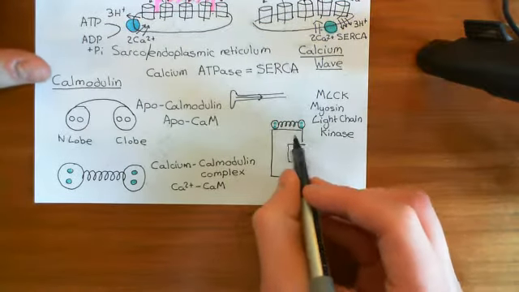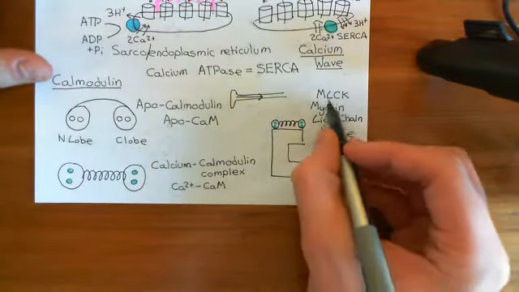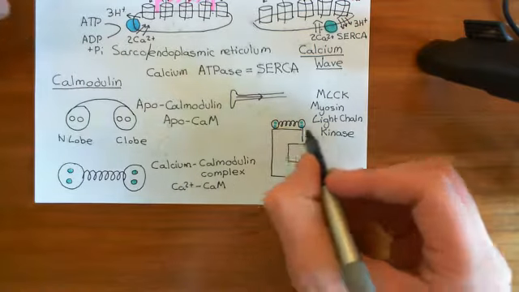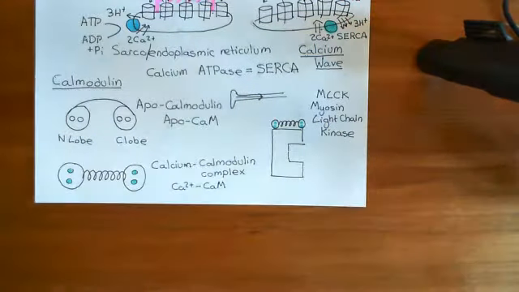So calcium calmodulin complexes bind to the myosin light chain kinase enzyme, and this is now going to go off and phosphorylate the regulatory myosin light chain, and once that's phosphorylated, those myosin cross bridges can start binding to the active sites on the actin filaments, and the sliding filament mechanism can begin, and contraction will then ensue.